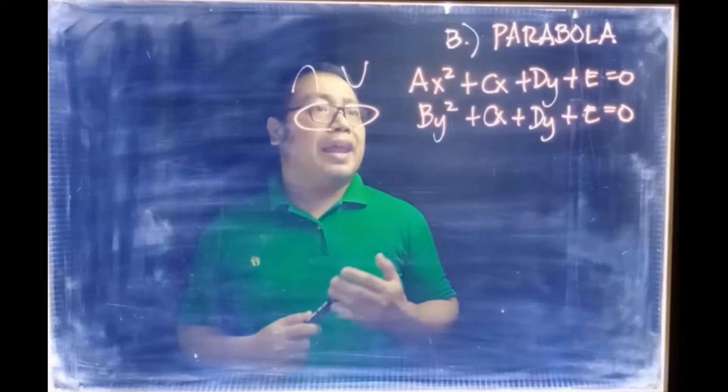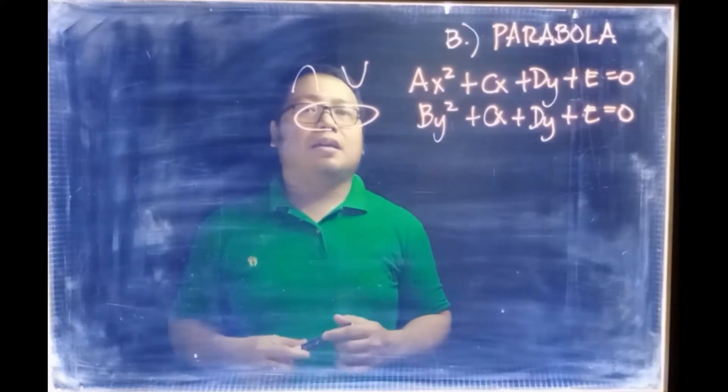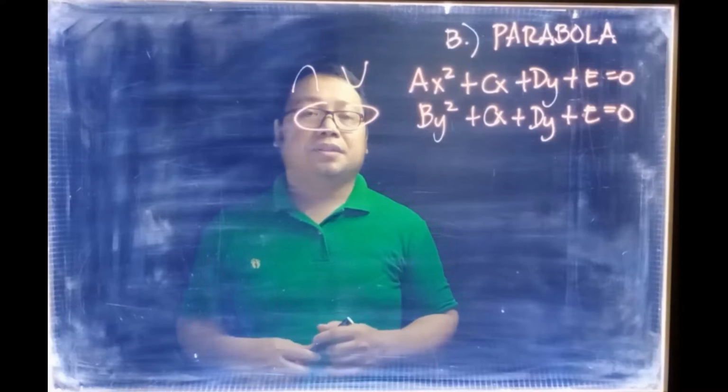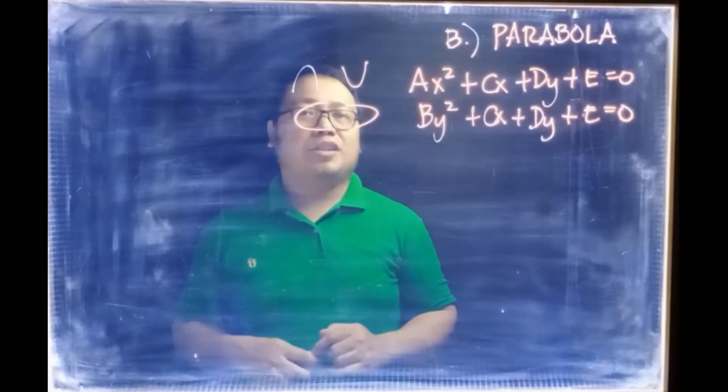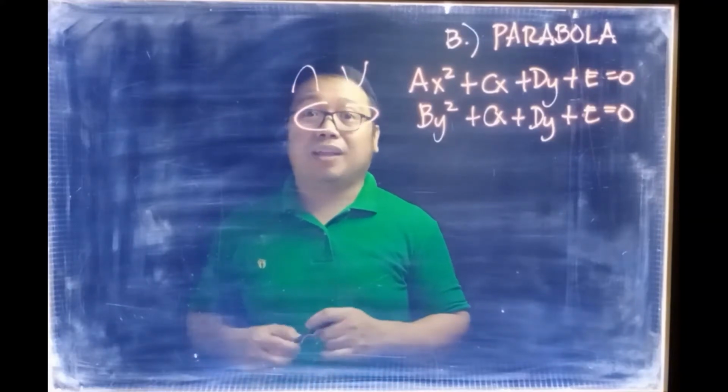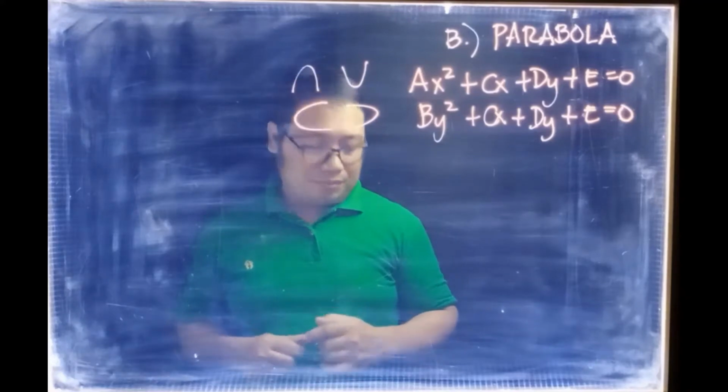So when either x or y is squared, but not both, then we are working with a parabola. Let's take the example.